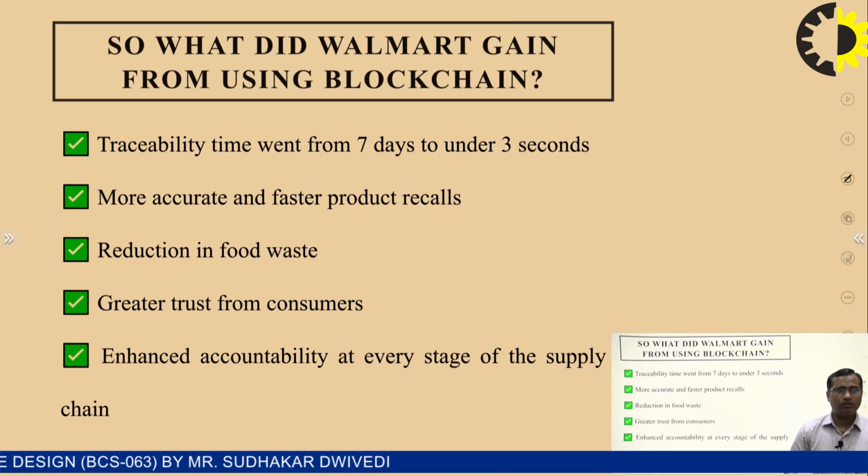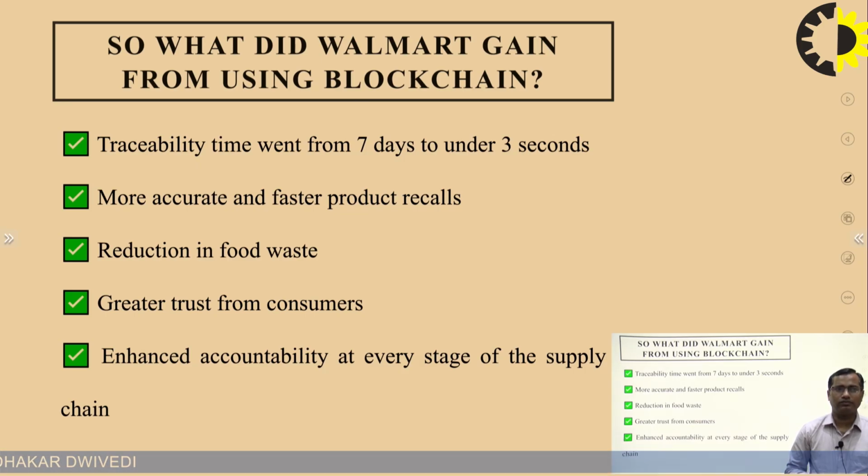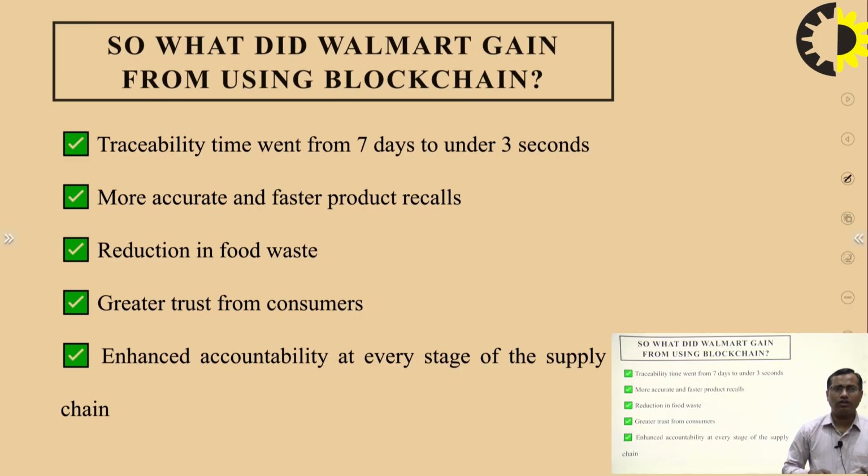We now have more accurate and more detailed information. We can recall our product immediately. There is a reduction in food waste, because we can take decisions immediately. We have all the information at every step.